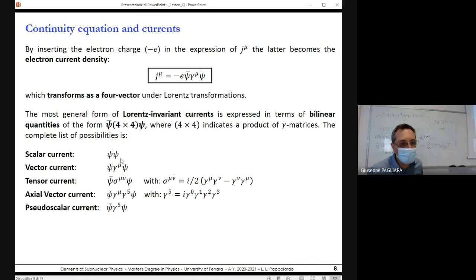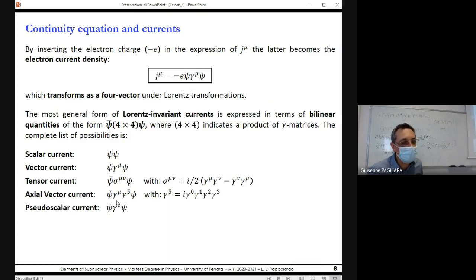So the simplest one is the so-called scalar current, just psi bar psi. Then you have the vector current, which is the one that we just derived, okay, with the gamma mu matrices here. Then we might have also the tensor current, okay, where the sigma mu is a tensor which comes with a kind of combination of the gamma matrices.